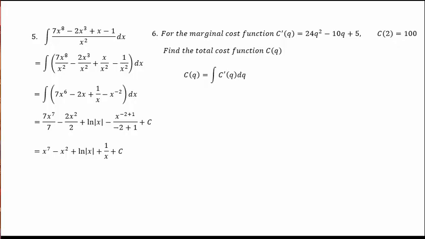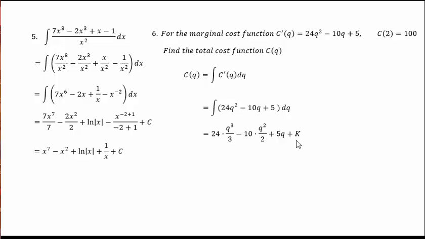And so to find c from c prime, we simply integrate the function that we have. So we find the integral of this function, and to do that we can simply use the power rule as before.